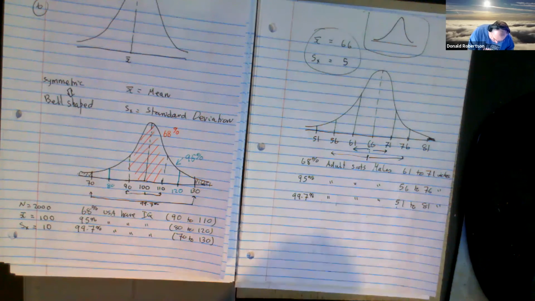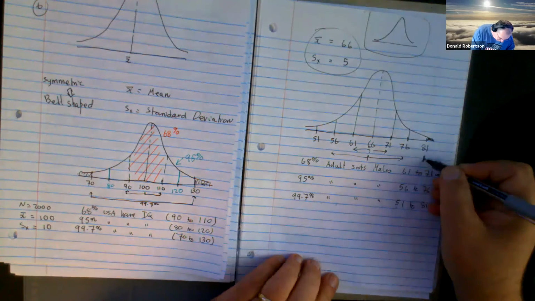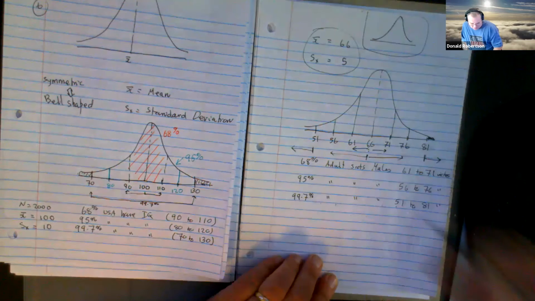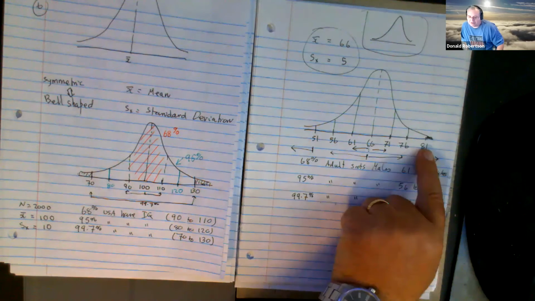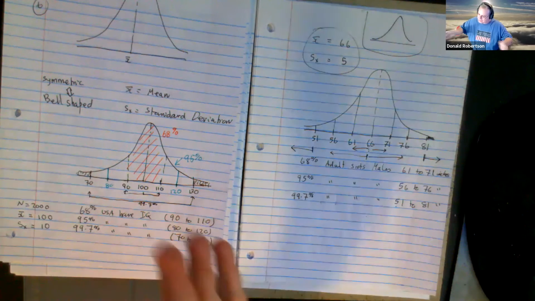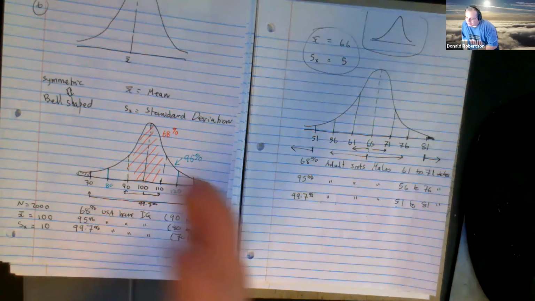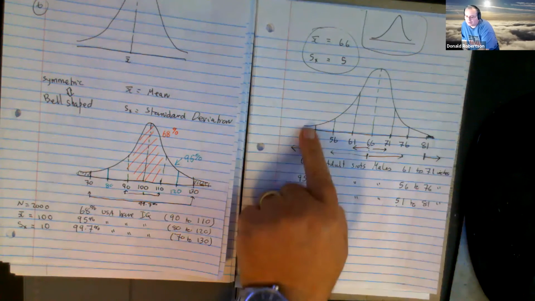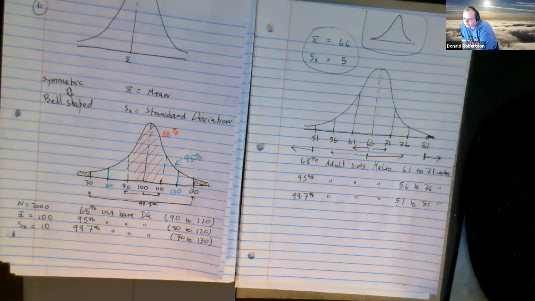Isn't my 3 standard deviation rule all these people? So bigger than 81 and less than 51. Isn't that the same 3 standard deviations away from the mean? You see there's a little overlap there. So the people who live at the extreme ends, isn't that where the outliers should live, right? Extremely unusually big, extremely unusually small.